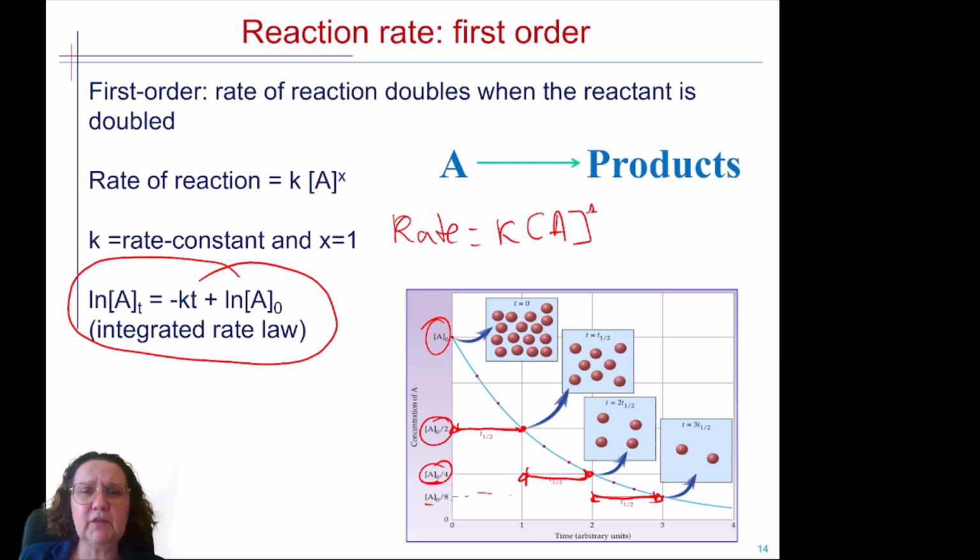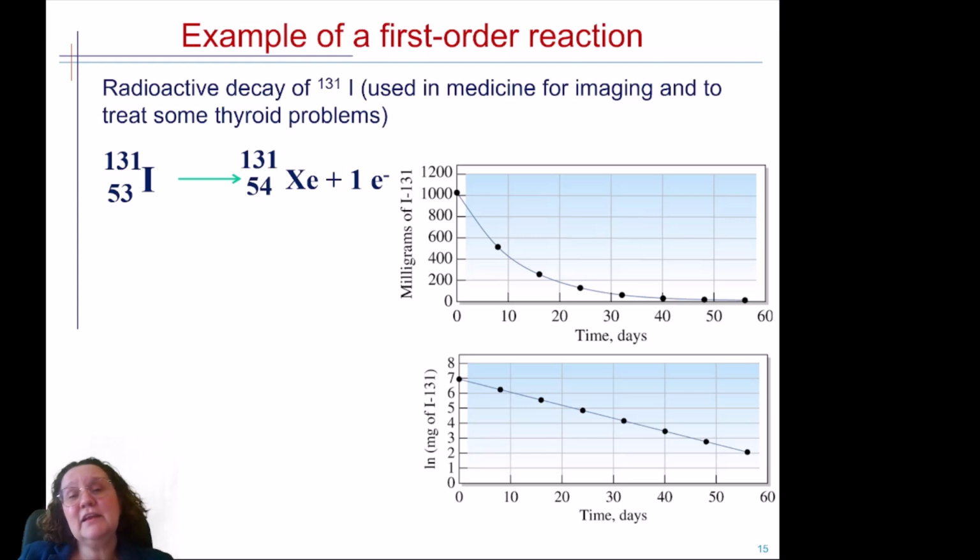Keep that in mind, because I will tell you why we use this in a second. This is an example of a first order reaction used in medicine. It's the radioactive decay of iodine 131. Iodine 131 is one of the 2 isotopes commonly used in medicine. It's used for imaging, and it can be used in large quantities to treat some thyroid problems.